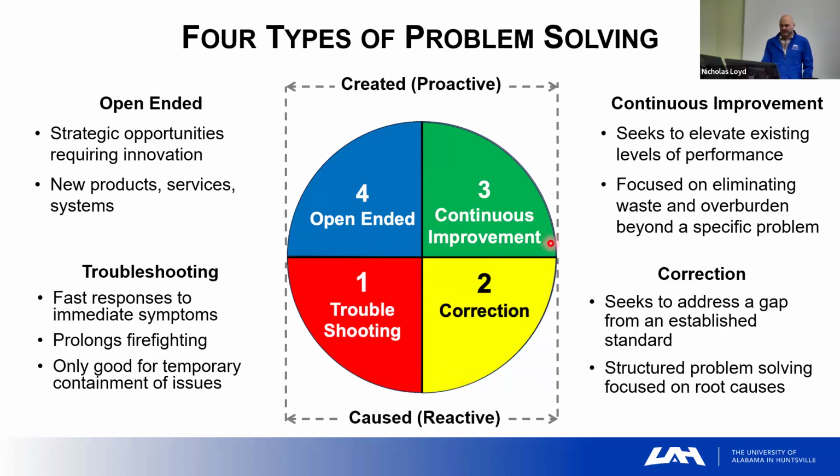Or there's continuous improvement, which could mean we're performing at standard, but all of a sudden we need to get bigger, and the gap is from where we are to improving. And then there's open-ended, which are harder to quantify, and those are usually strategic situations. Identifying new products, new markets, innovation, things that y'all have been working on.